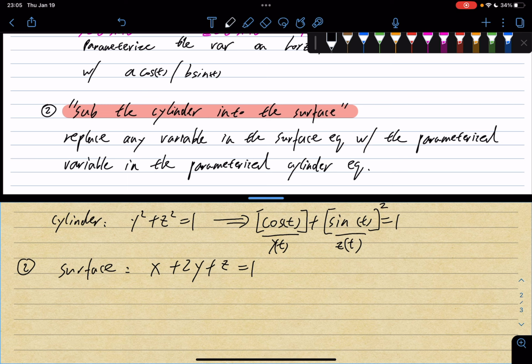So what we're going to end up with is x plus 2 cosine t, because y corresponds to y of t, plus z of t, which is just sine of t.